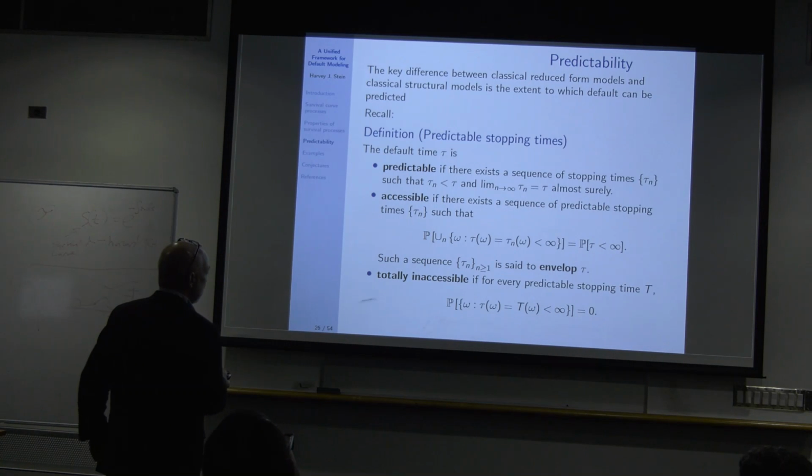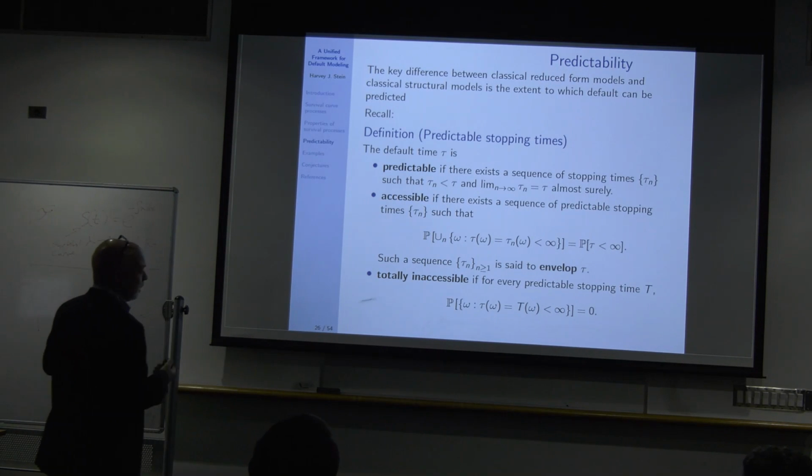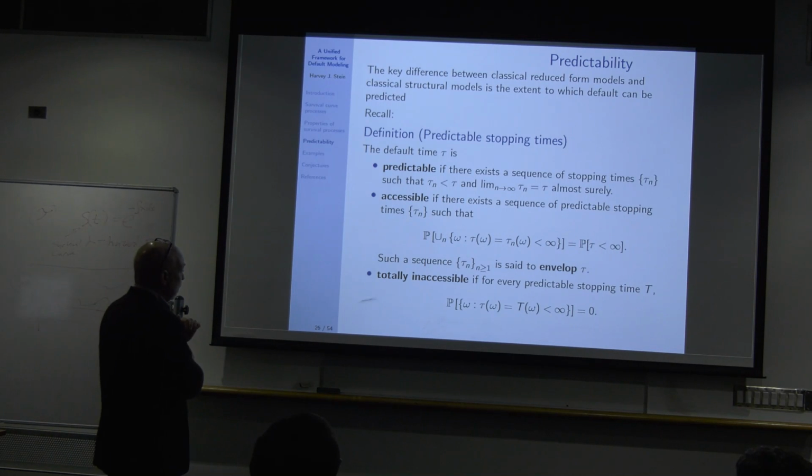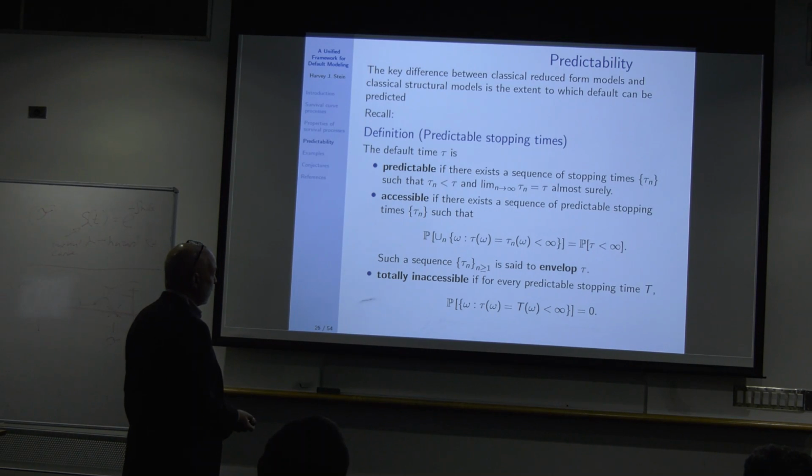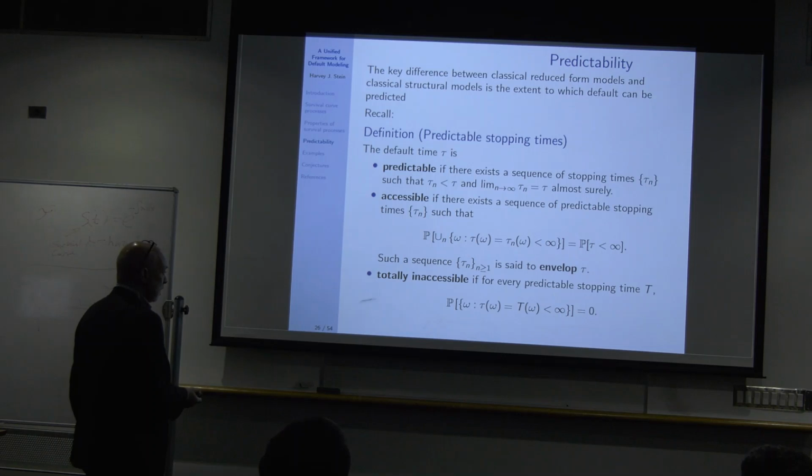A stopping time is accessible if it's covered by predictable stopping times. Formally, you have a countable set of stopping times such that the probability that tau stops in a given state is equal to one of them is probability 1.